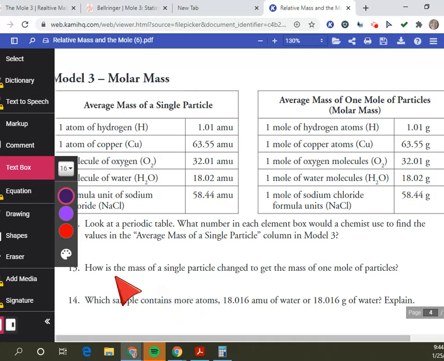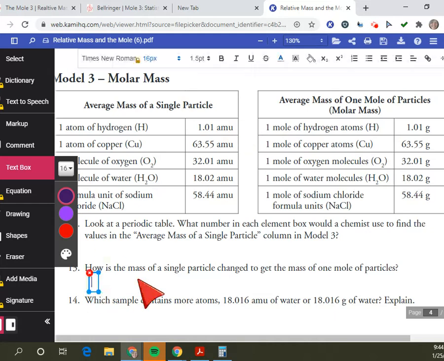And then 13 here. Really look at those numbers. What's the difference between the average mass of an atom of hydrogen and the average mass of a mole of hydrogen? That unit is really different. So I'm going to even type this in here for the video. The unit.